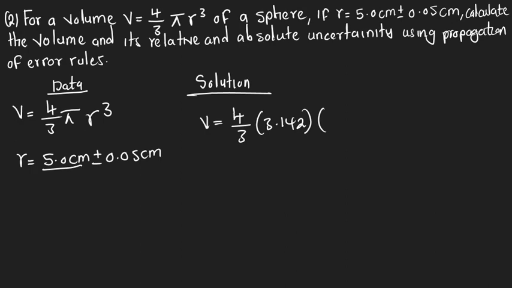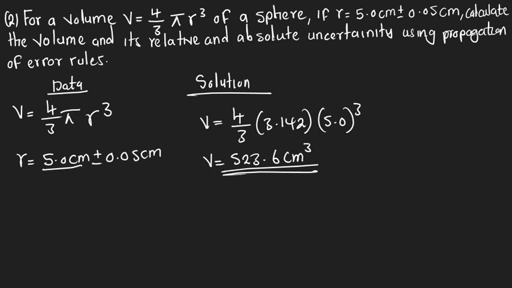You always use the true measure, cubed. So 4 over 3, then 3.142, 5 cubed. You're going to get 523.6 centimeters cubed.